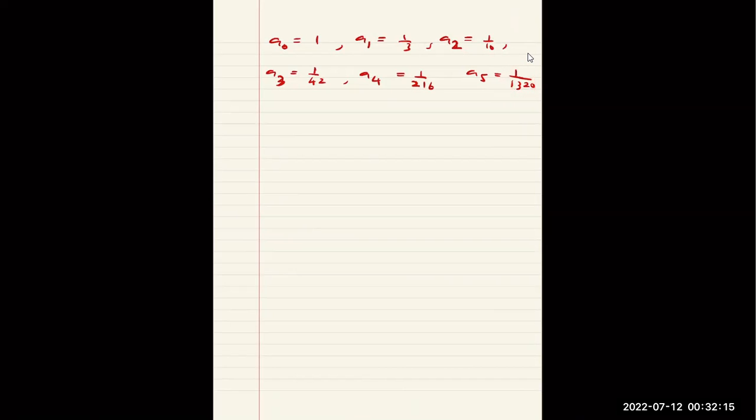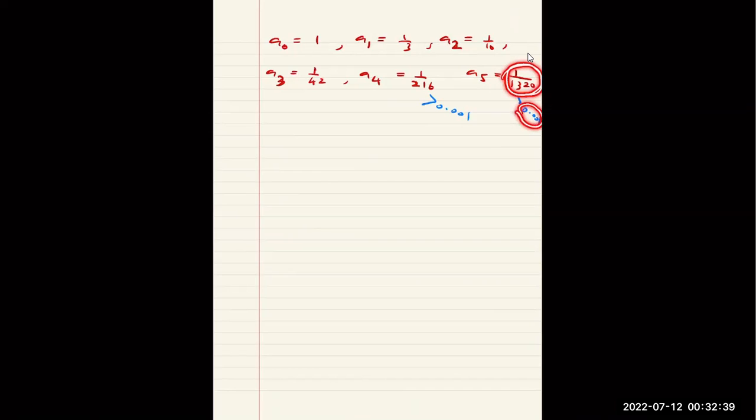Okay, I did not write the remaining terms because I realized that when I come to here, this is greater than 0.001, but this is less than 0.001. That's what we wanted, right? We wanted to find the least n so that An is less than 0.001.